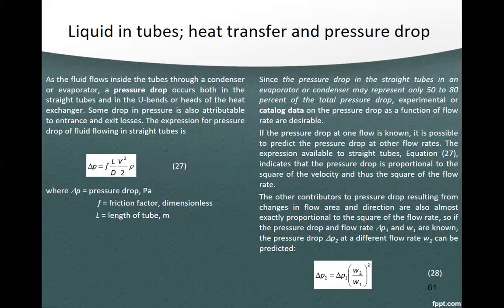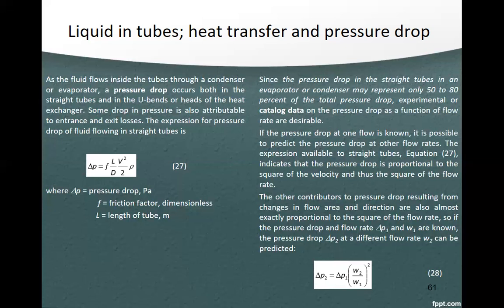So if the pressure drop at one flow is known, it is possible to predict the pressure drop at other flow rates. The expression available for straight tube, equation 27, indicates that the pressure drop is proportional to the square of the velocity and thus the square of the flow rate. The other contributors to pressure drop resulting from changes in flow area and direction are also almost exactly proportional to the square of the flow rate.